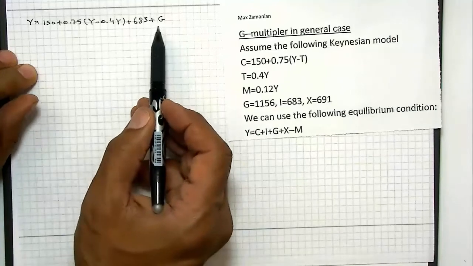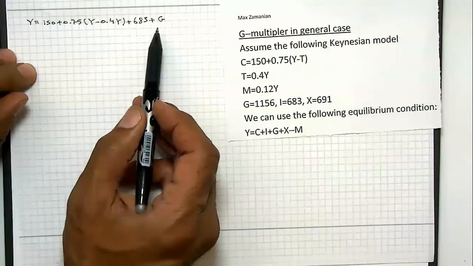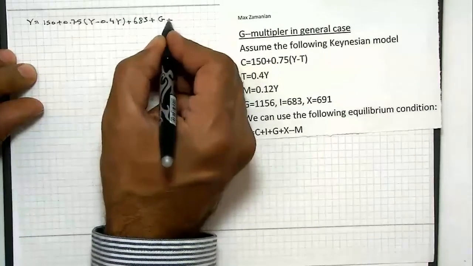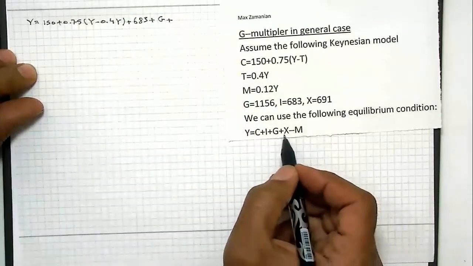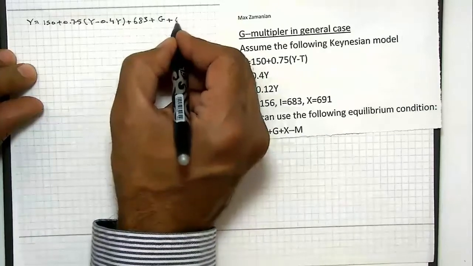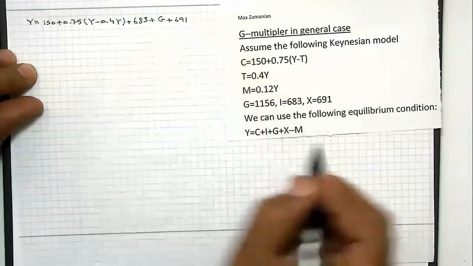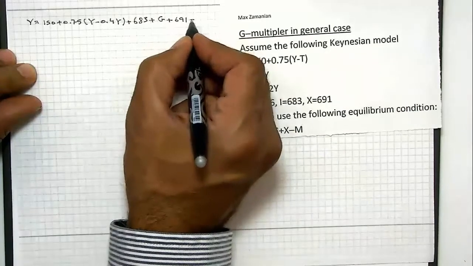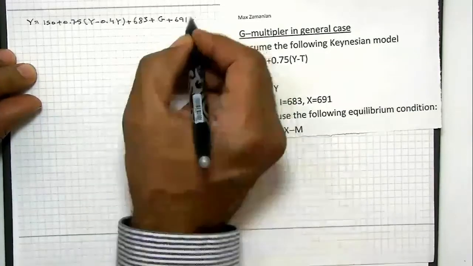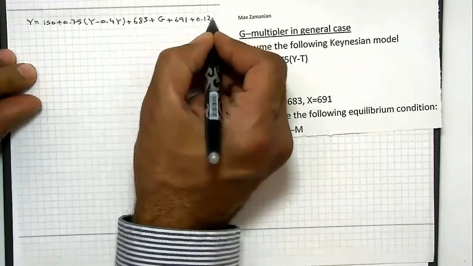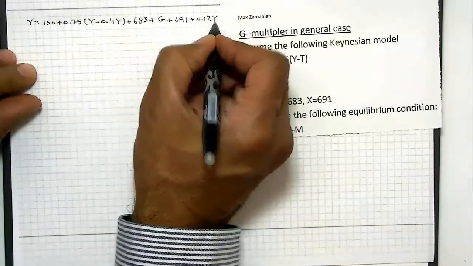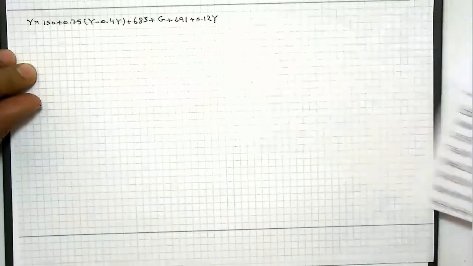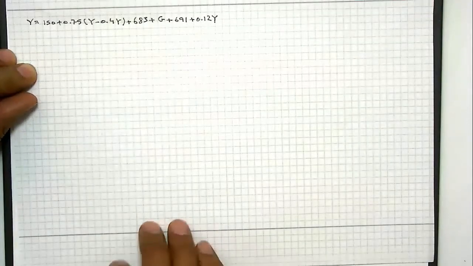You just let the letter G stay in the formula. But plus X, which is export, 691, and import is a function of y. You just put the function here. Actually we don't need this for a while, just put it aside.